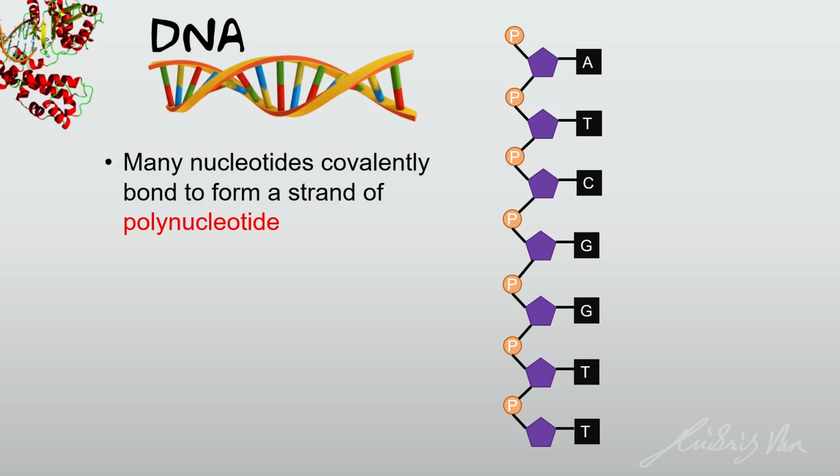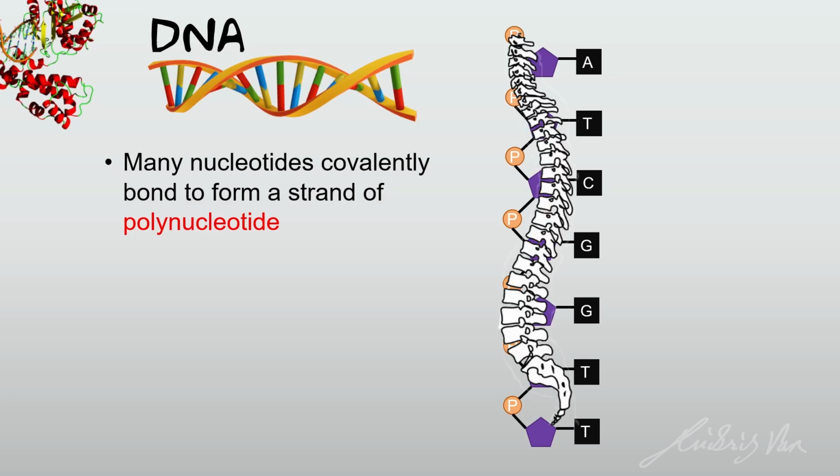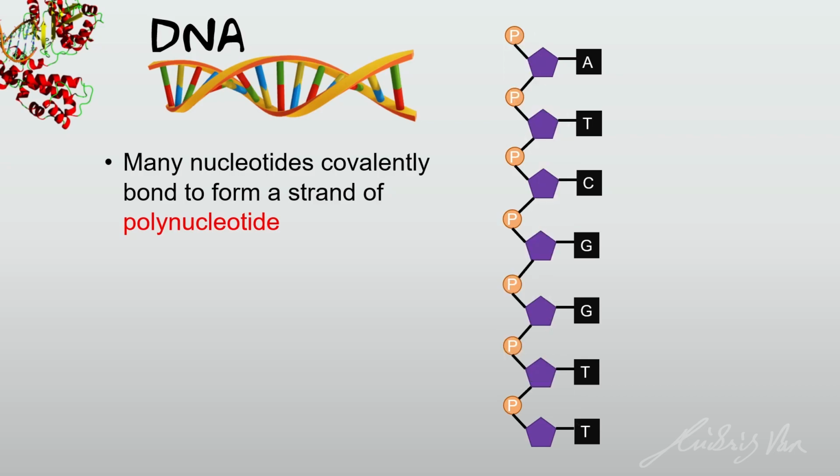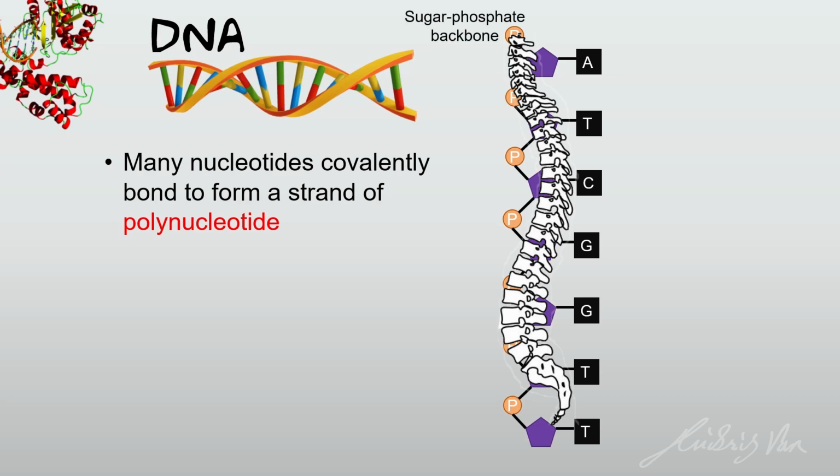Something which is not in your syllabus is the name which we give to the sugar and phosphate group, which kind of looks like a backbone. The creative name is the sugar phosphate backbone of the DNA.